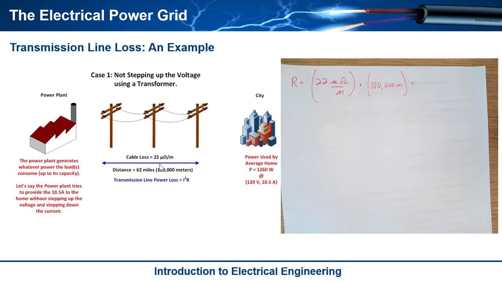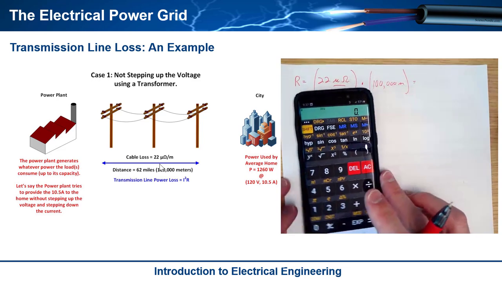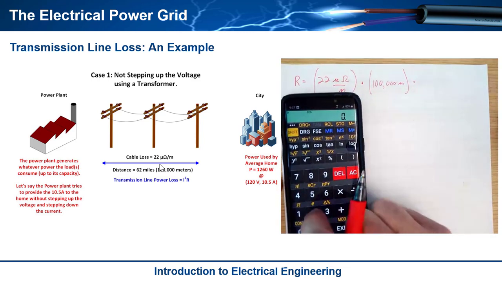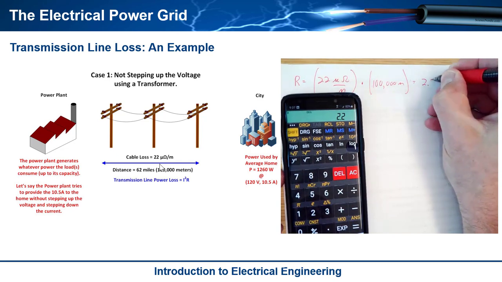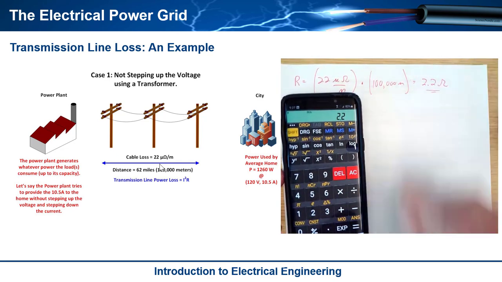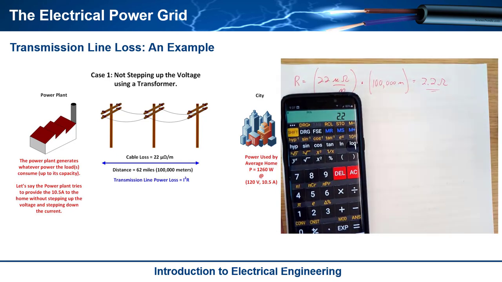So we have 22 times 10 to the negative 6, times 100,000, and we end up with 2.2 ohms. Not a ton, right? It's not a huge amount of resistance, but it is something.